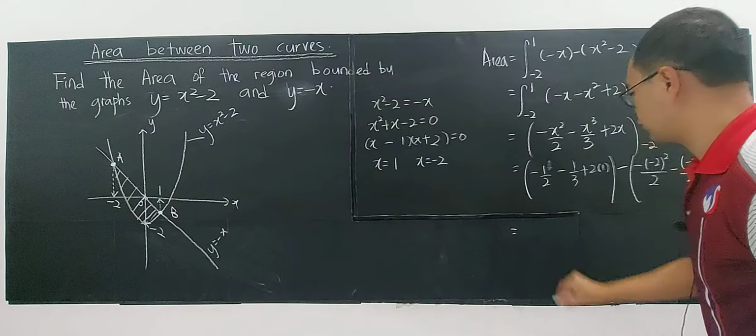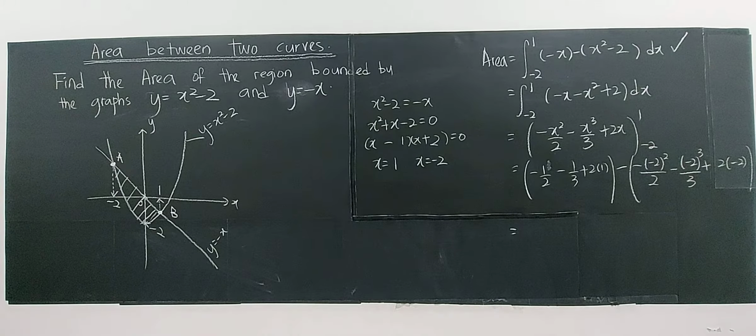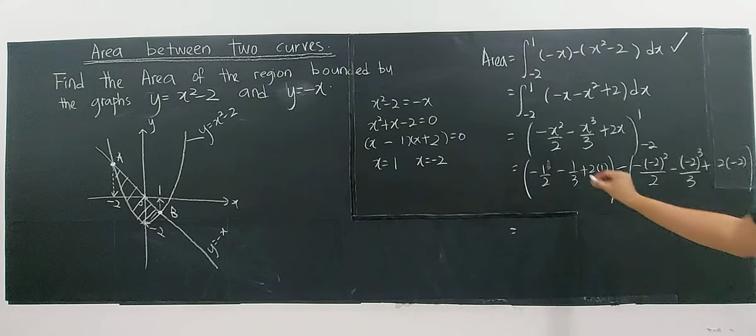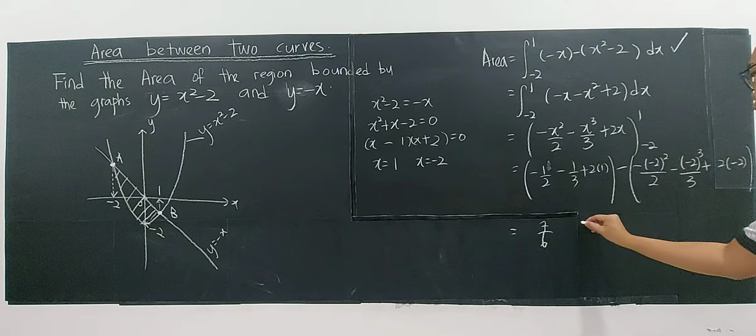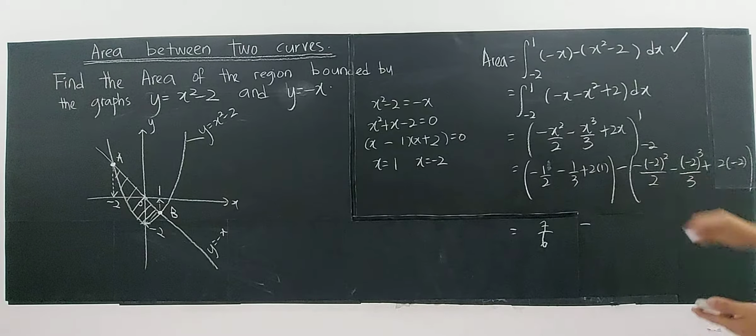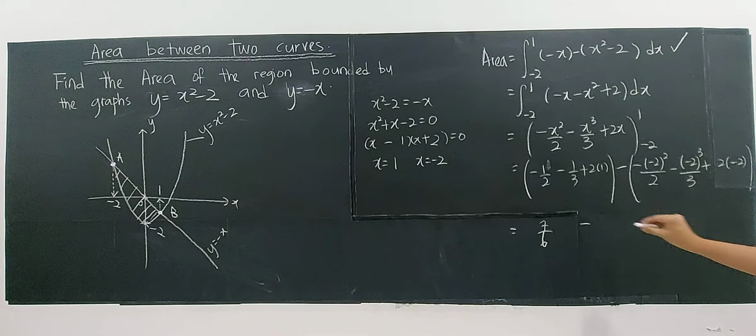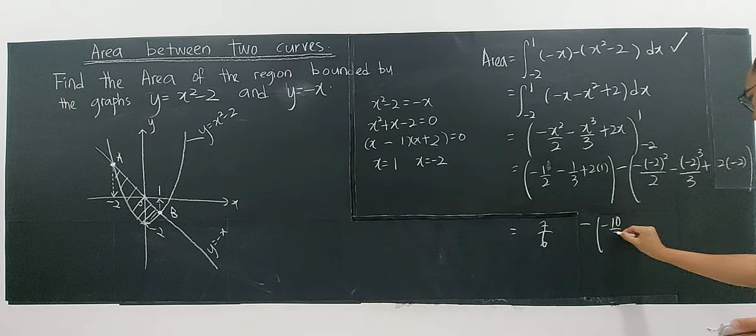So then you evaluate. For this you get 7 over 6, minus this negative 2 value, we have negative 10 over 3.